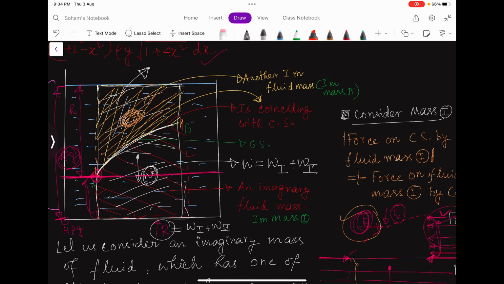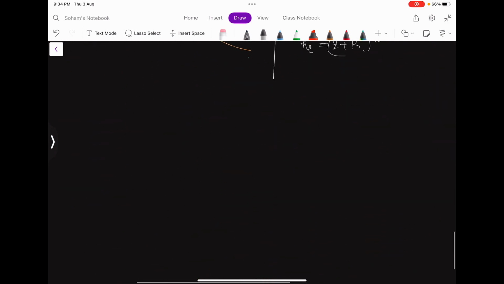Okay, so now let us consider this imaginary fluid mass, that is mass 2. I am drawing again, a bit faster because I have already done it for one mass. So this mass looks something like this, and we know that this surface coincides with the curved surface, and this coincides with the free surface of the fluid, right?